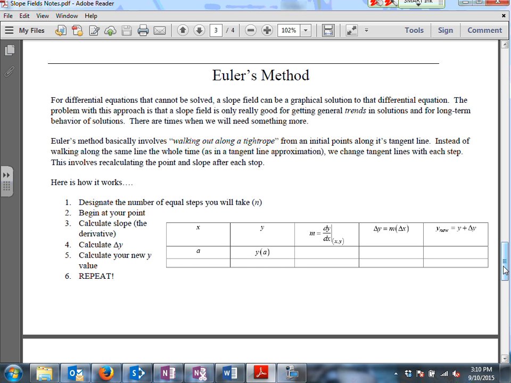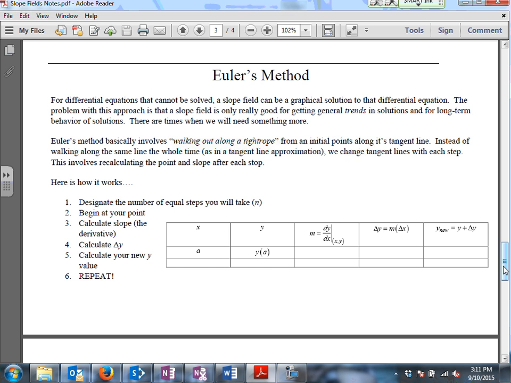We step out just a little bit and we now have a new y value. And from that new y value, we're going to reevaluate the slope, find our tangent slope, and then take another little step. Then we take that new y value and find our new slope. And we're just going to keep adjusting these little tangent lines as we move along.